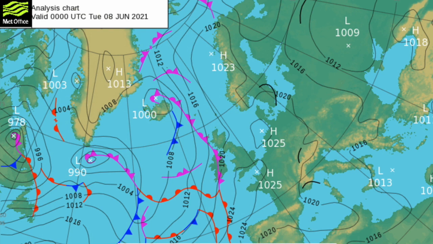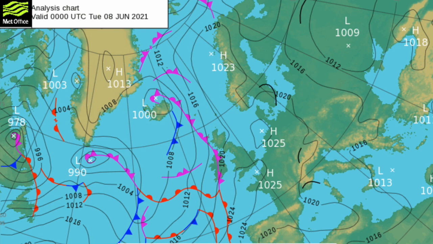The closer these millibars are together, the faster the wind is blowing. You can see by the colors we have warm fronts and cold fronts.